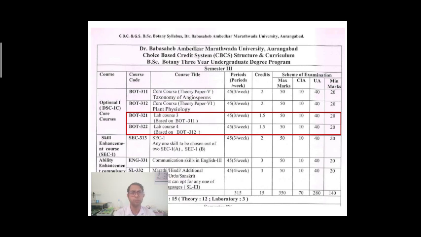From now onwards I am going to deal with the paper that is plant physiology, and along with that we are going to conduct the practicals for plant physiology also. Now plant physiology is the paper which includes 3 units.